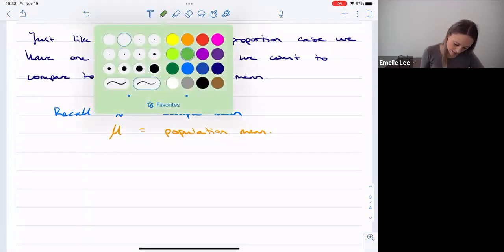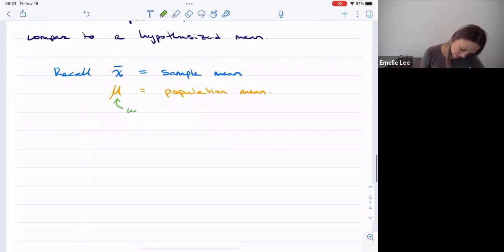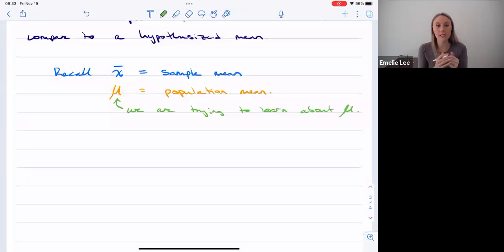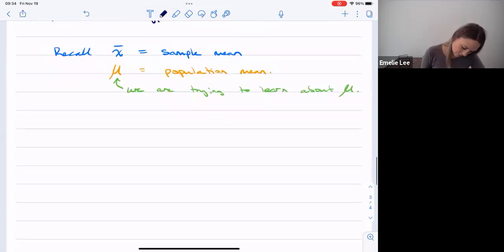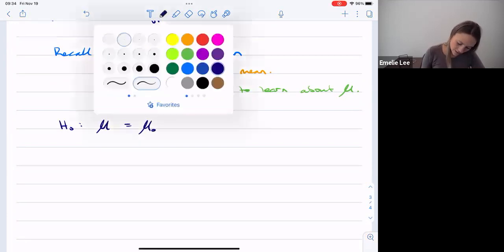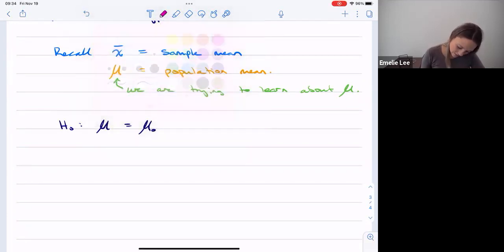And so we are trying to learn about mu, the population mean. And so what's going to happen is our null hypothesis is going to be that mu equals some mu naught, where mu naught is the null value.